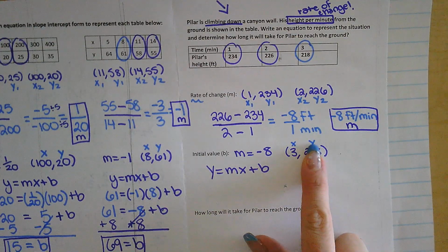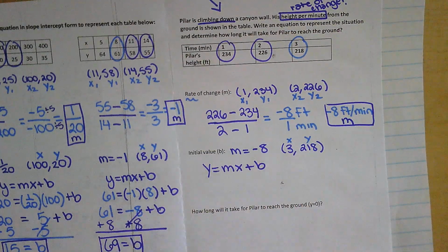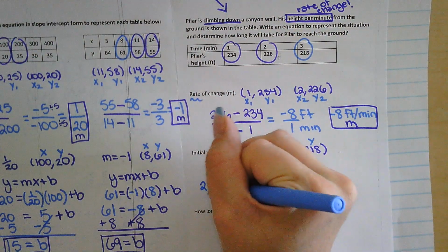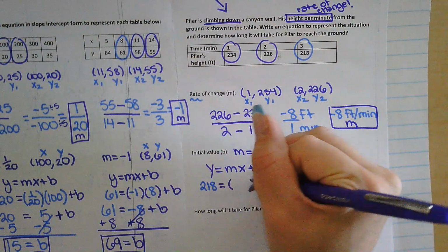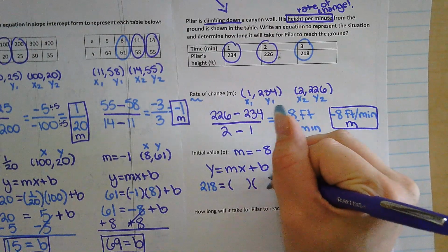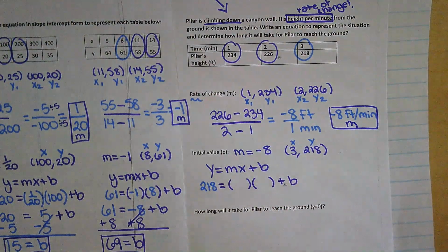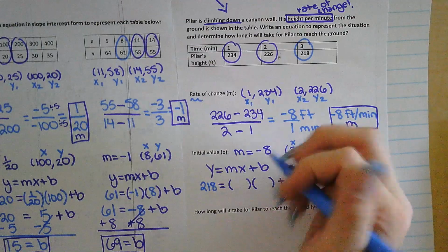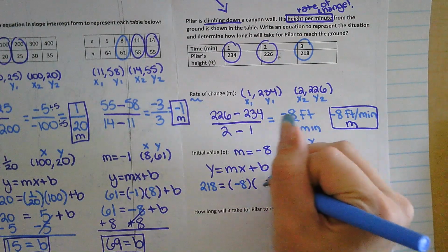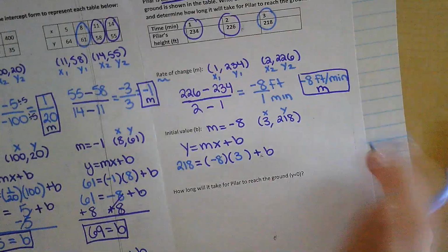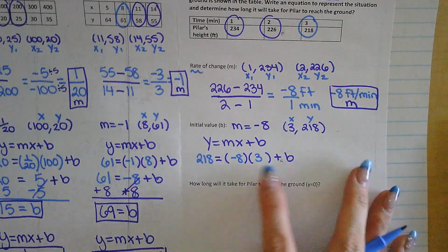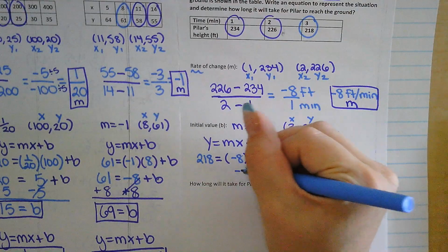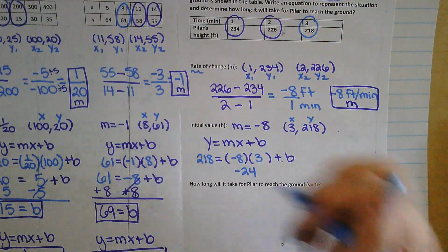So my y value that I chose is 218. I'm going to fill in my slope, my x value, and I'm going to find b. My slope is -8, my x value is 3, and now I can simplify this to find b. So -8 times 3 is -24.